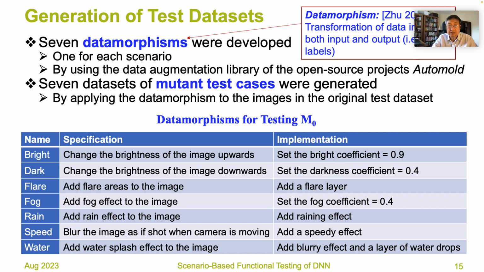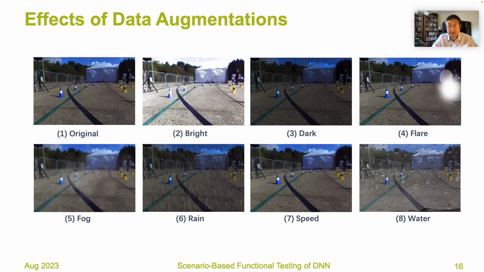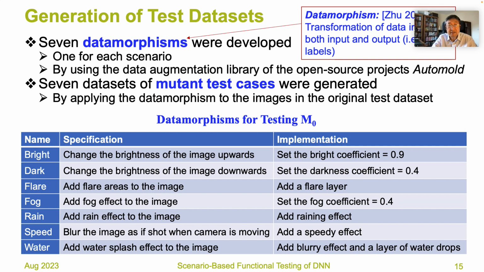We developed 7 data morphisms, one for each scenario, using the data augmentation library of the open source project AutoMode, which you can find on GitHub. Applying these data morphisms, we generate 7 data sets of so-called mutant test cases, and these data morphisms are implemented as shown in the table here.